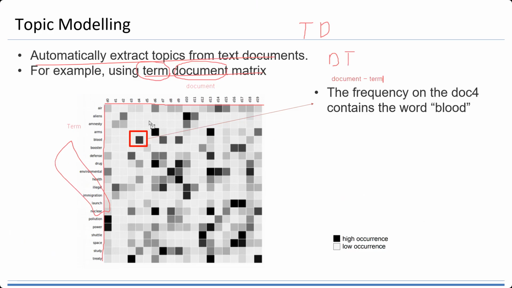If we look at this one, the frequency here is high. Why? Because if we look at the legend here, the color is black. Black means high occurrence. If it is white, it is low occurrence.